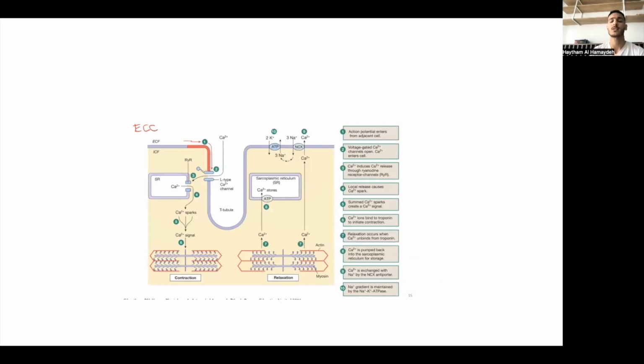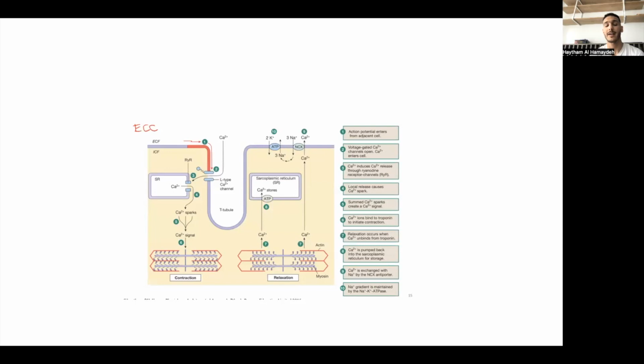Okay, so this is the molecular pathway in which contraction and relaxation of the muscle of the heart occurs.